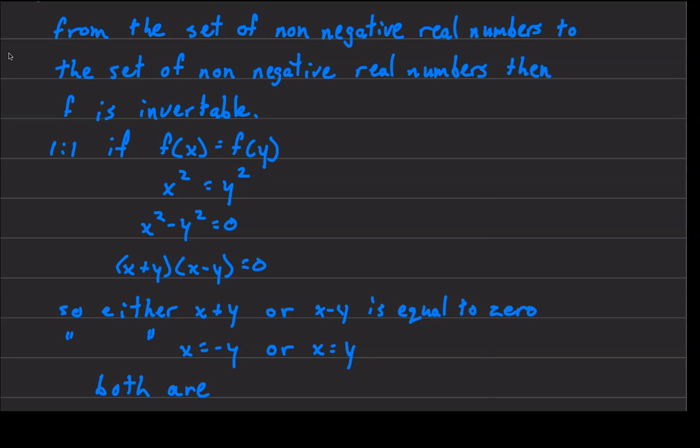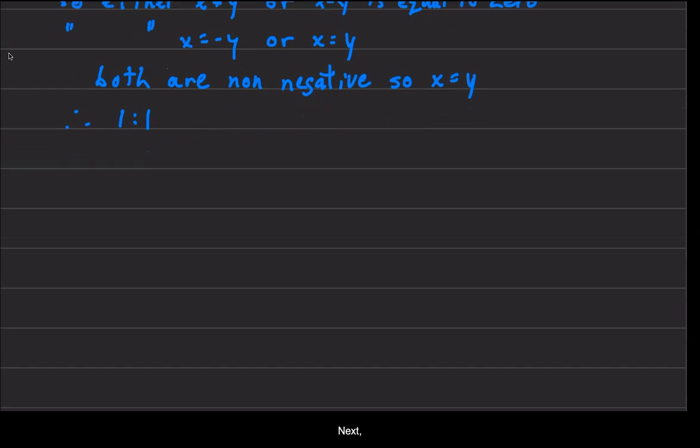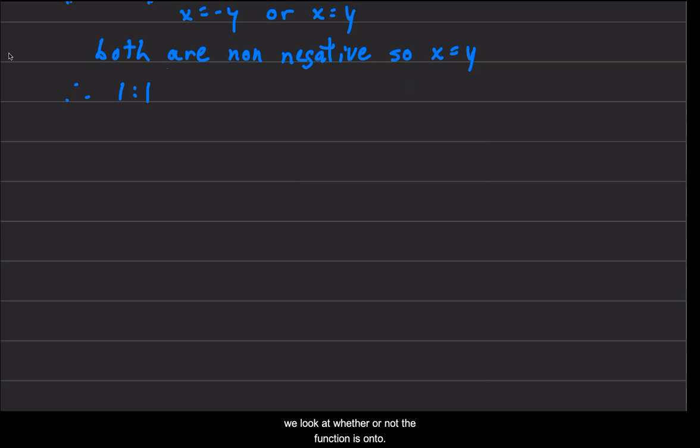Both are non-negative, so x must be equal to y. Therefore, the function is one-to-one. Next, we look at whether or not the function is onto.